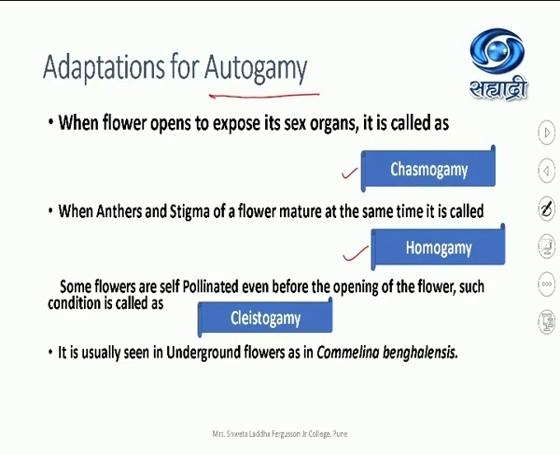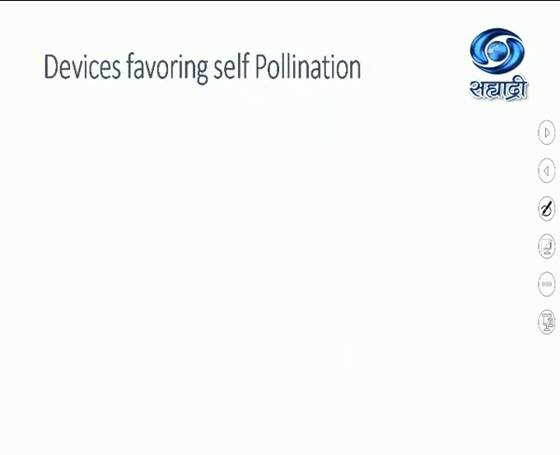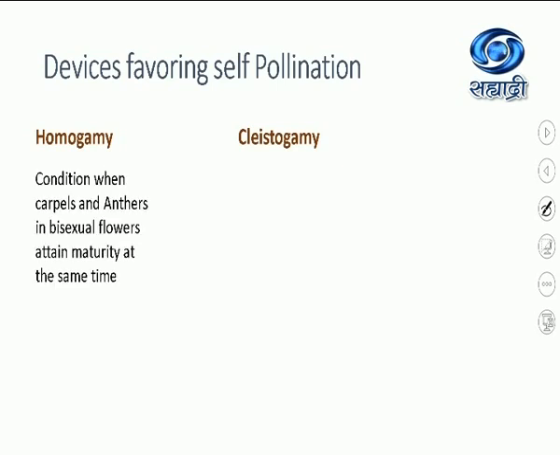Some flowers are self-pollinated even before the opening of the flower. Such flowers are called cleistogamous, and you can see such underground flowers in Commelina bengalensis. Devices for favoring self-pollination: homogamy, cleistogamy. Homogamy is when carpels and anthers attain maturity at the same time.